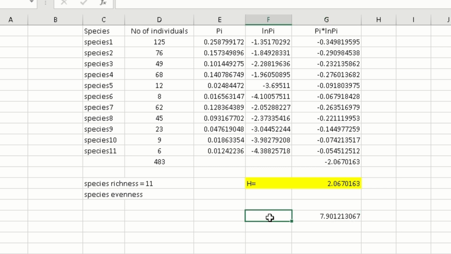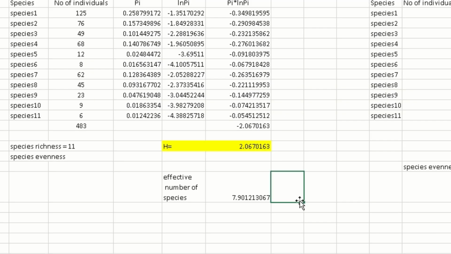So this value is called the effective number of species. This is nothing but the diversity expressed as a number, in terms of number of species.